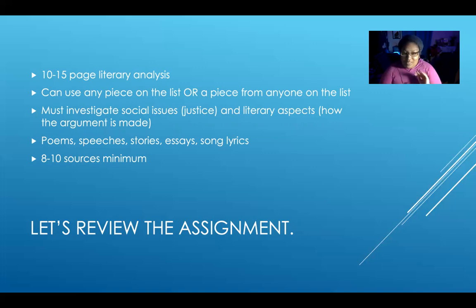We talked about this at the beginning of the semester. Again, any piece on the list or a piece from anyone on the list. You must investigate social issues, and I wrote social issues, but really it's about social justice. This whole class is about social justice and the literary aspects of it. And what that means is how the argument is made. Arguments can be made through the literary aspects.